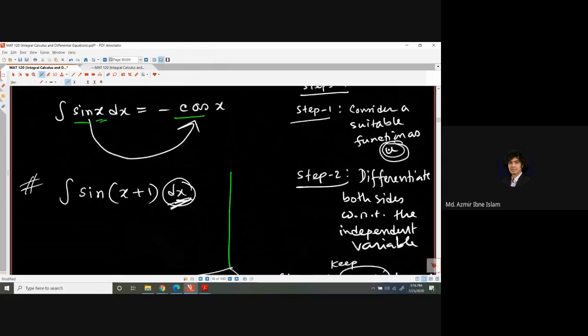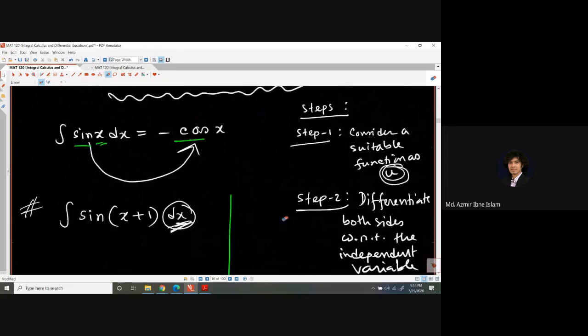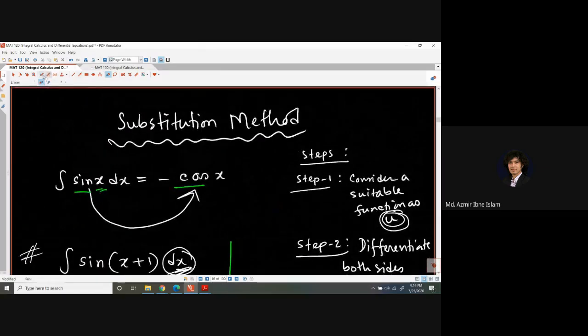So whatever result you finally get for that integration should be converted, that means get back to x again, or get back to the input again. That means your antiderivative will be for u, you have to find the antiderivative for x.